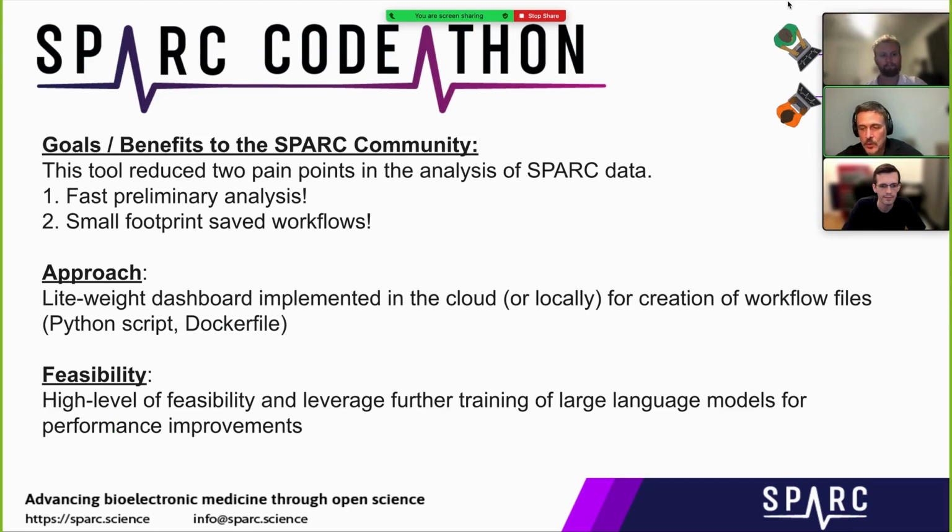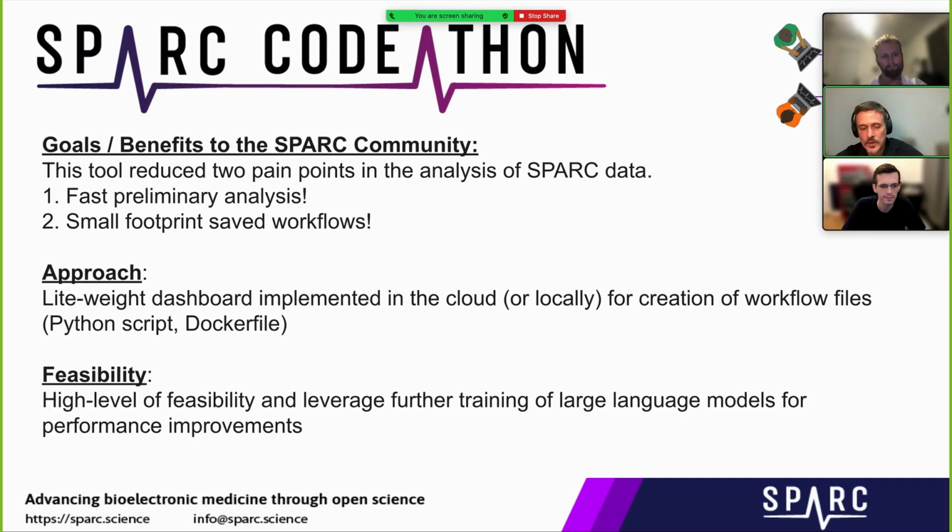There are two pain points that we deal with for analyzing SPARC data. One of which is fast preliminary analysis, and the second one is to create small footprints of saved workflows, both of which align with our goals and benefits to the SPARC community.